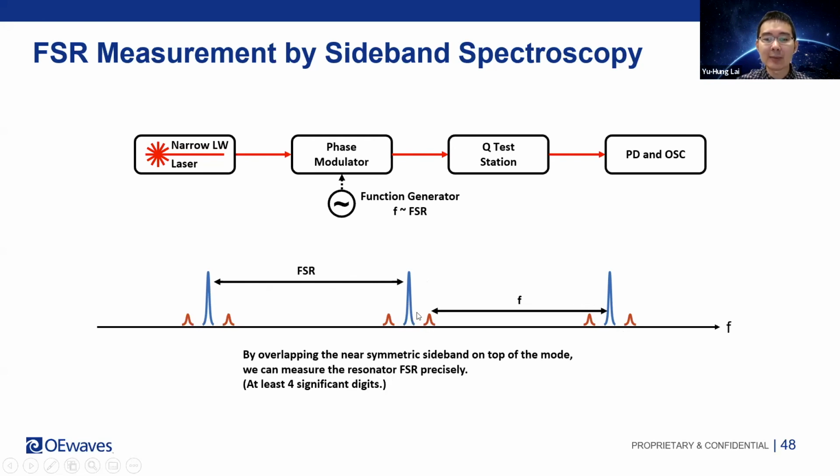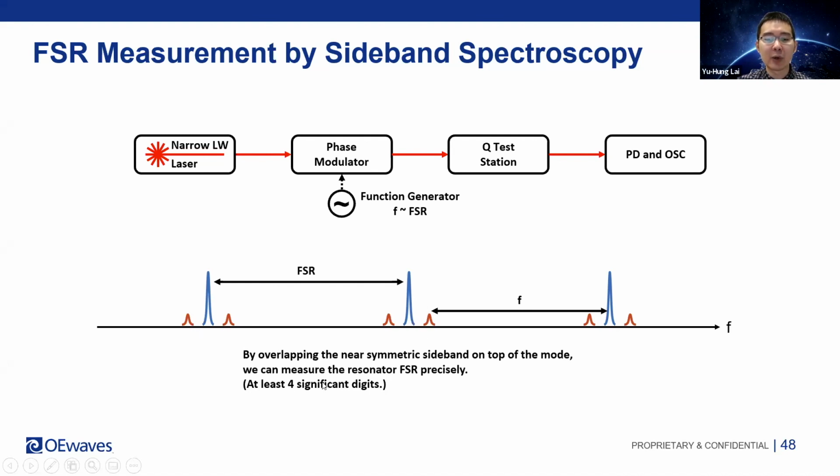Then we will get a symmetric sideband very close to the zeroth order mode. We observe this symmetric sideband as a characteristic of our measurement. By overlapping the center mode with the sideband, we can measure the free spectral range precisely.